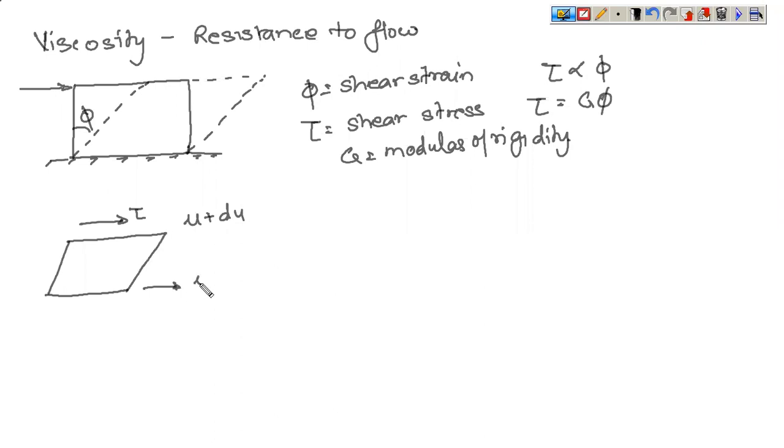The velocity at this plane will be u, and you have a complementary shear stress of magnitude tau, because these two have to be of the same magnitude so that equilibrium is maintained. This is how the fluids slide plane by plane over one another.